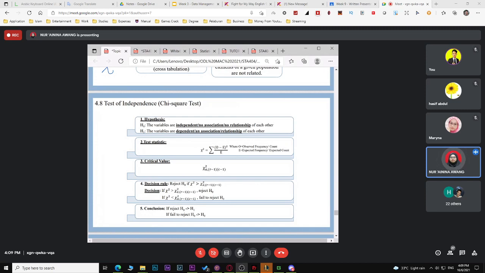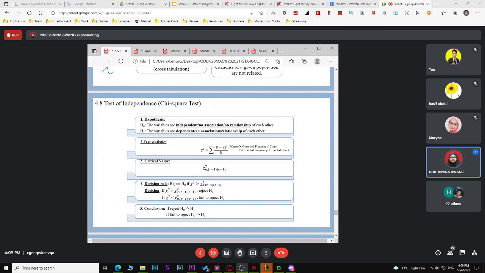For the hypothesis in the chi-square test or test of independence, your null and alternative hypotheses should be in sentences. They are no longer in symbols like equal or unequal. For your null hypothesis, the variables are independent, with no association or no relationship with each other.